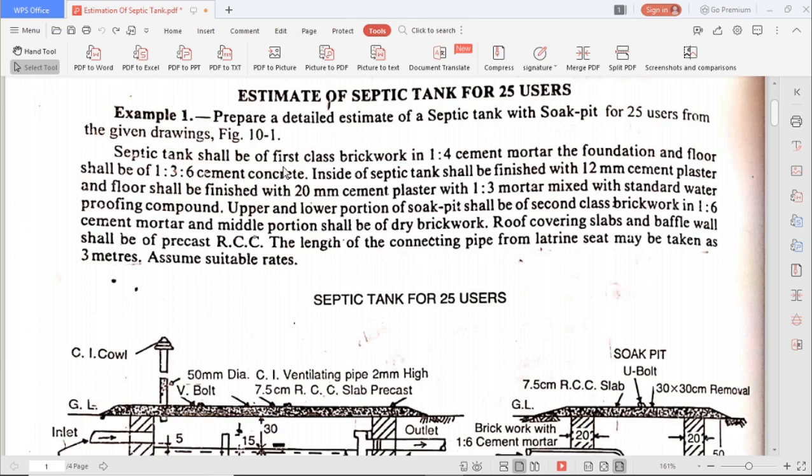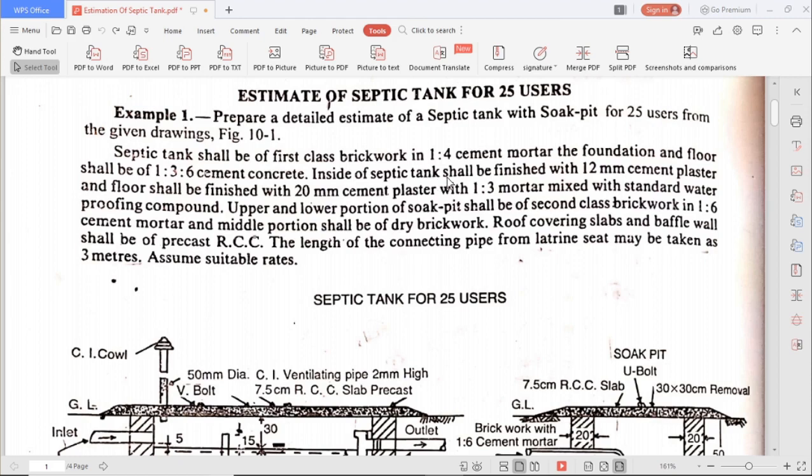Septic tank shall be of first class brickwork in 1:4 cement mortar, the foundation and floor shall be of 1:3:6 cement concrete. So the brickwork classification they have given is 1:4, and the floor shall be cement concrete in the ratio 1:3:6.